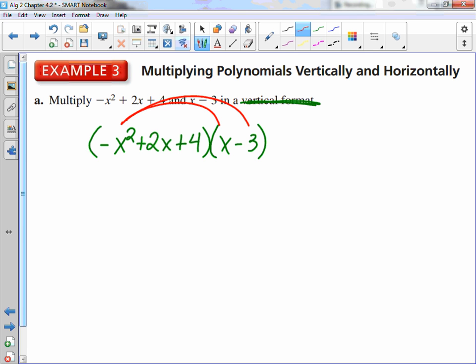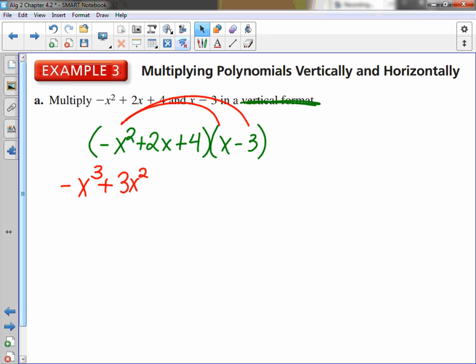So negative x squared times x would be negative x to the third. Because when we multiply like bases, we add the exponents, so 2 and 1. Now, negative x squared times negative 3. The negative and negative make a positive, and 3 times x squared is going to be 3x squared.